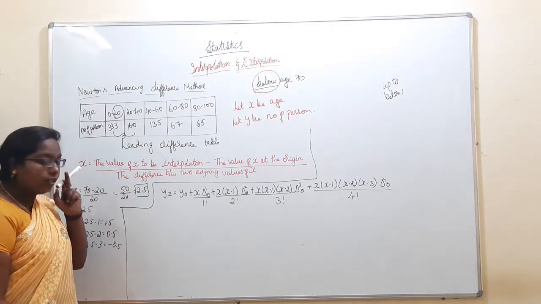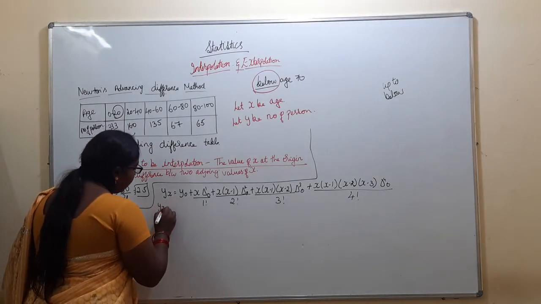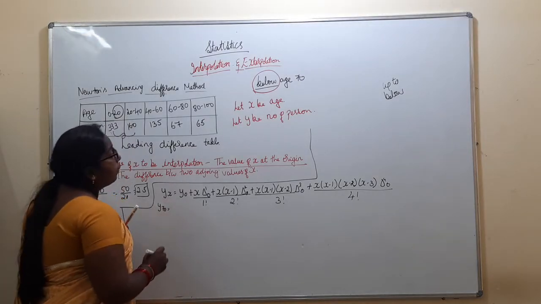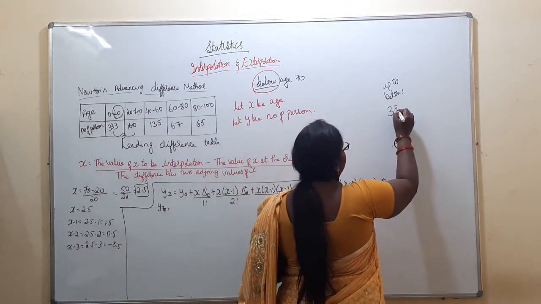I need to substitute the values. The value of y at 70 that I need to find out is equal to my initial origin of y, which is 333.